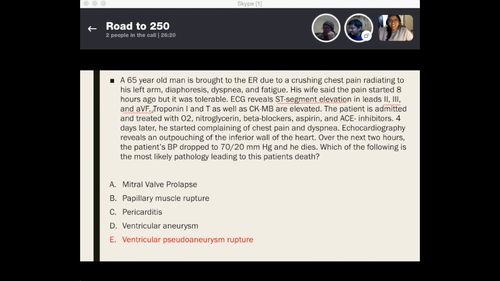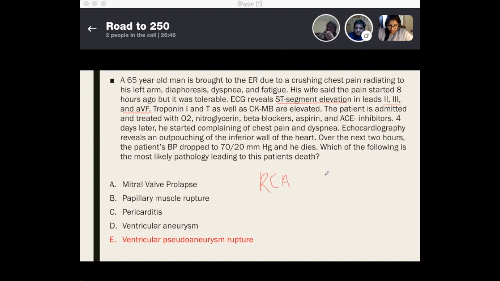Is it circumflex? RCA. The right coronary does the inferior one.